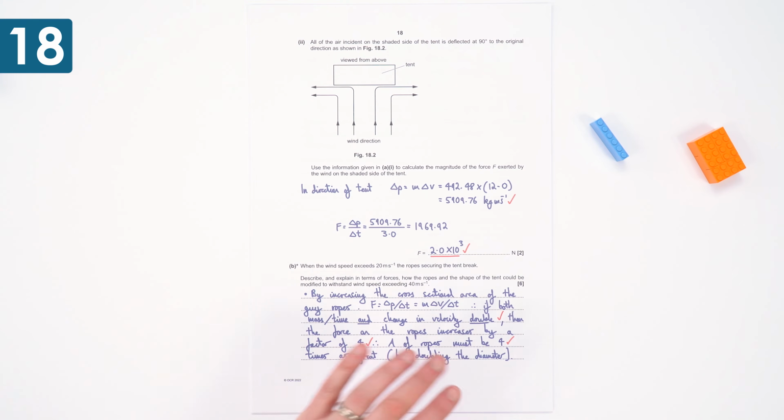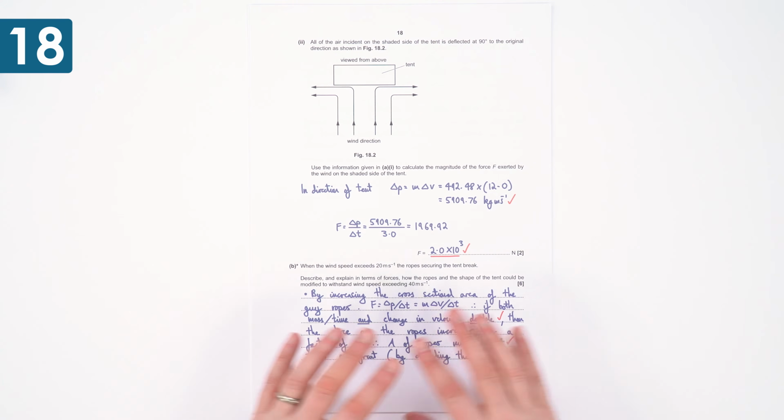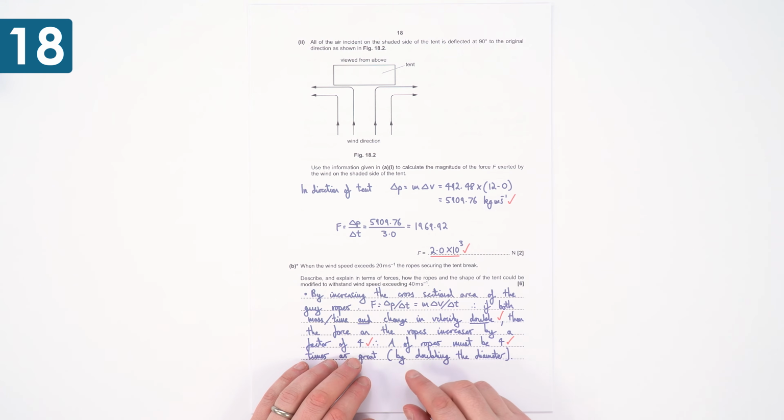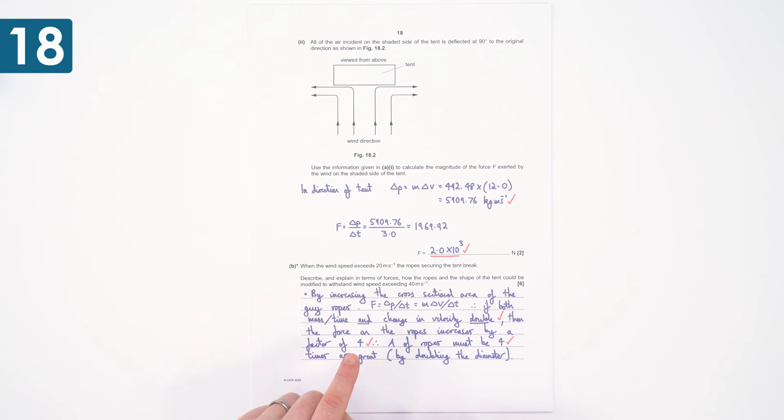Tricky question, followed up by another tricky question where I think very few students actually managed to get 6. The first thing, which isn't intuitive really, is that when this air is hitting the side, if it was going faster, you'd have a greater mass per unit time, and also we'd have a greater change in velocity.